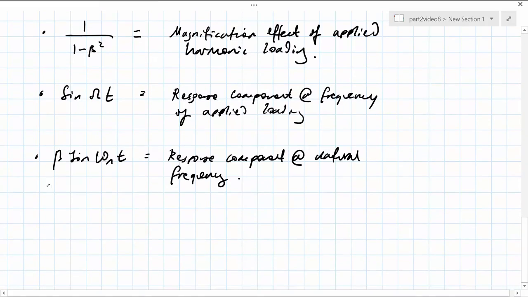This last component here, in our later studies, we will see that this will vanish for systems that contain damping. This is why it is called the transient response.